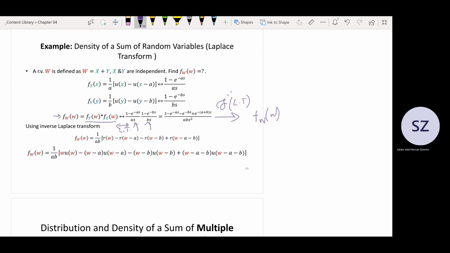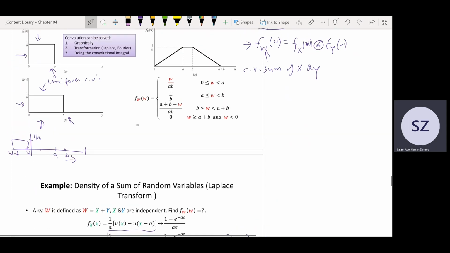Okay? So now, for example, here fX can be written in terms of u of x minus u of x minus a. Remember, fX was what? It is 0 before 0, and then u of x multiplied by 1 over a, which is a step function. The step function continues forever.